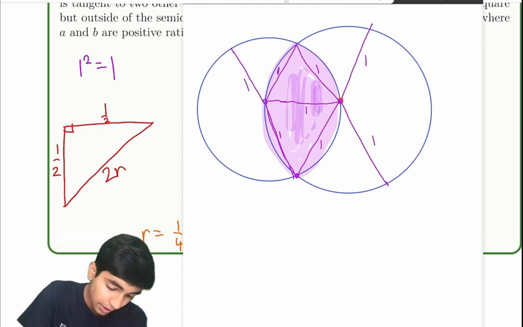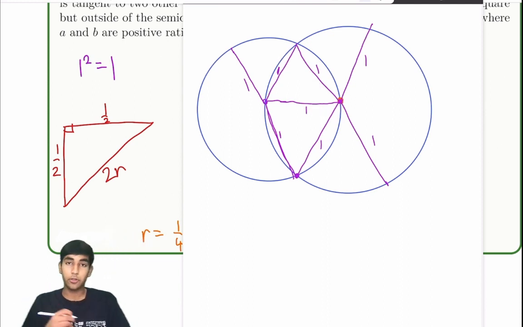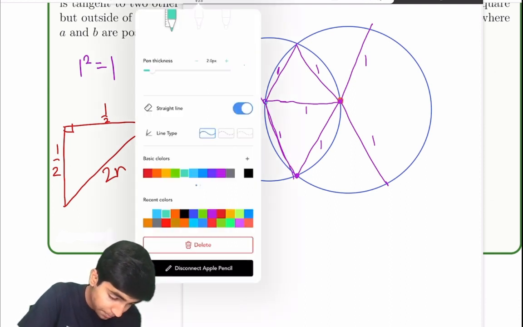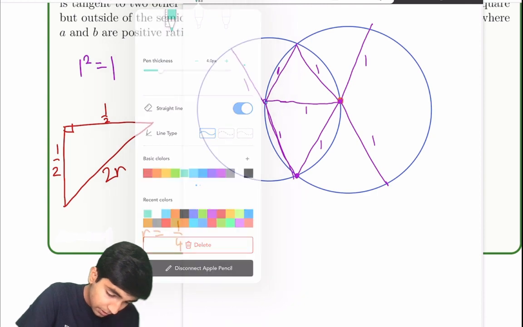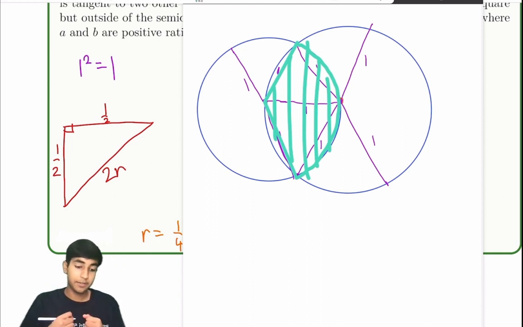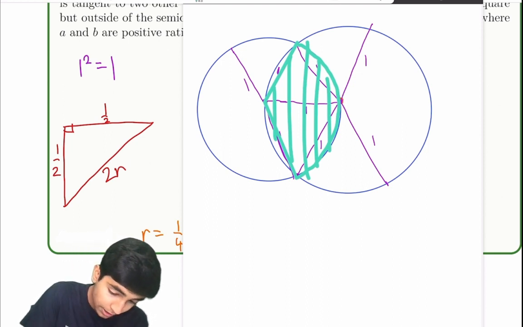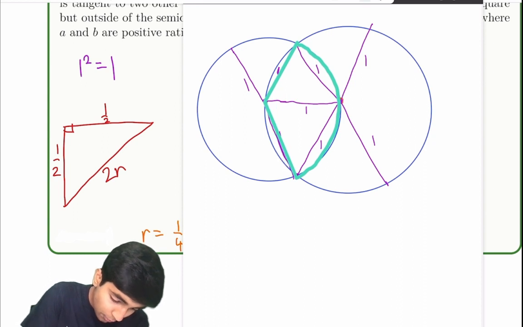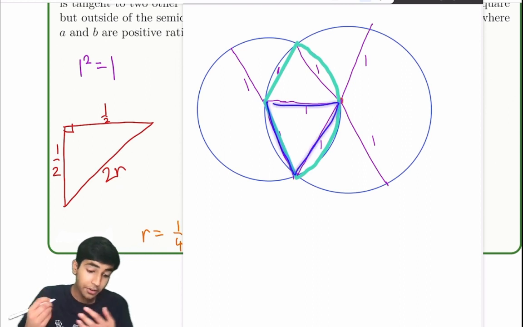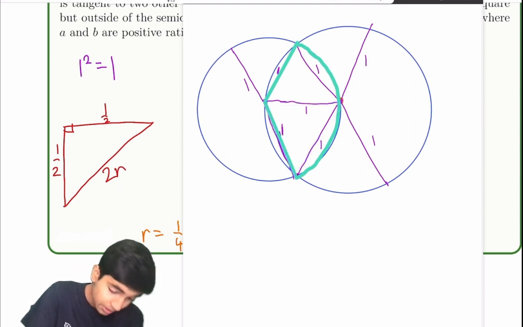The key idea to find the area of that center region is to break it up into pieces. First, let's imagine this arc over here. What's the area of that? Notice that 1, 1, 1 is an equilateral triangle, and there's another equilateral triangle here.